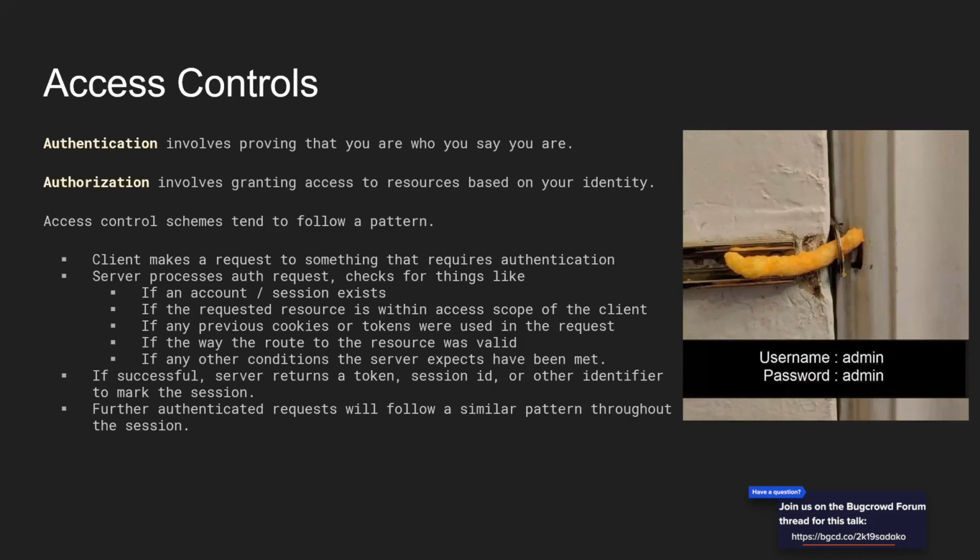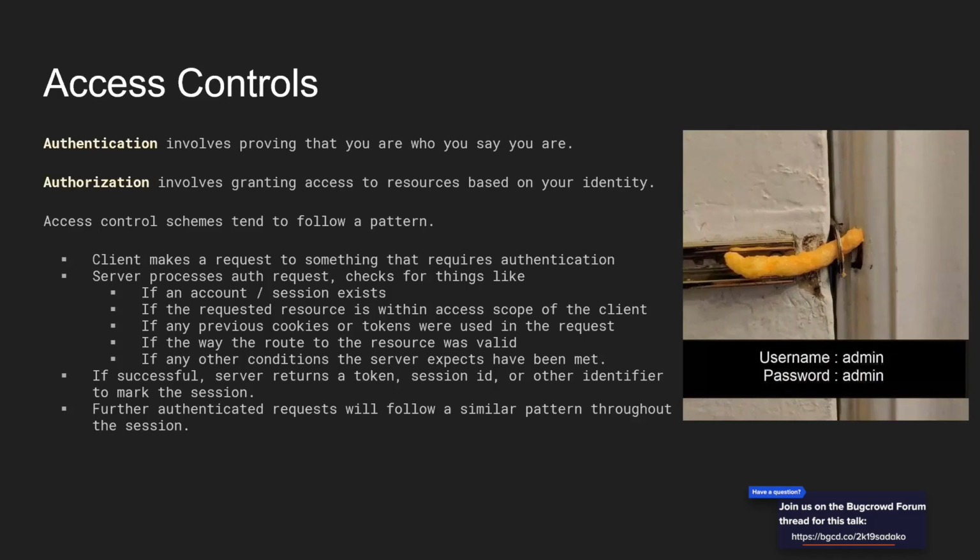The server will process that request and check for a few things. Does an account or session already exist in a database, or have you already been on the site before? Is the requested resource actually within the access scope of the client? So are you actually authorized to view whatever resource you're requesting?